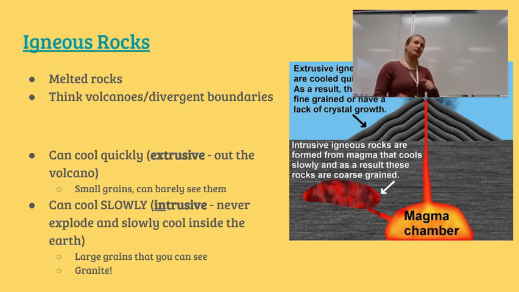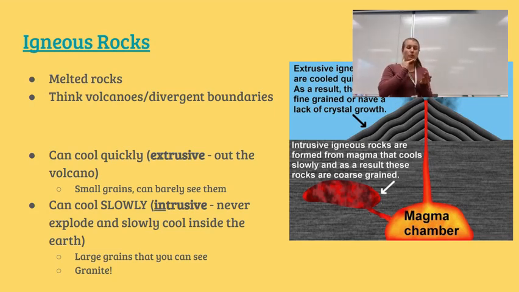And if you remember back to the minerals picture that I showed you a few minutes ago, I said that minerals, if they have time and if they have space, can grow really large. But this thing is coming rocketing out of a volcano. It's hitting the air. It's cooling extremely fast. And so it doesn't have any time to make those crystals. So the minerals are still in there. They're just much smaller. They don't have time to grow into something really pretty.